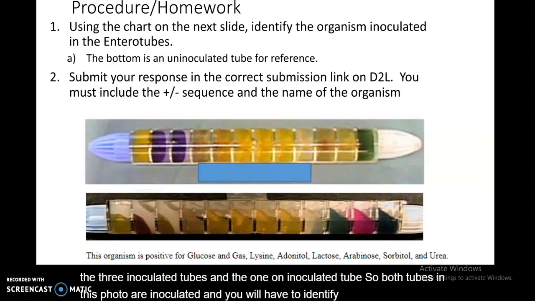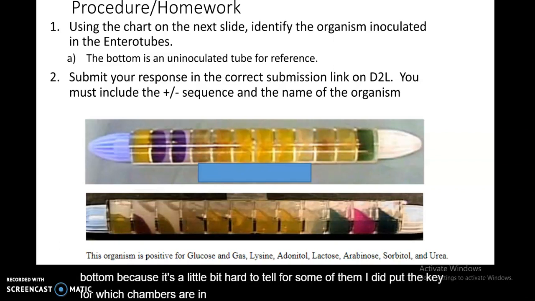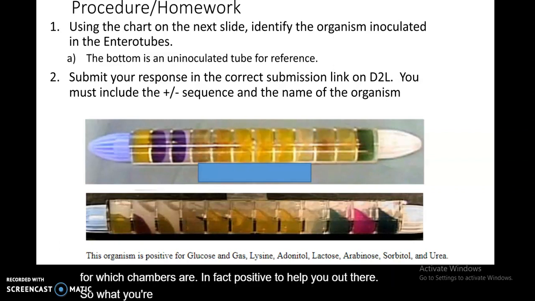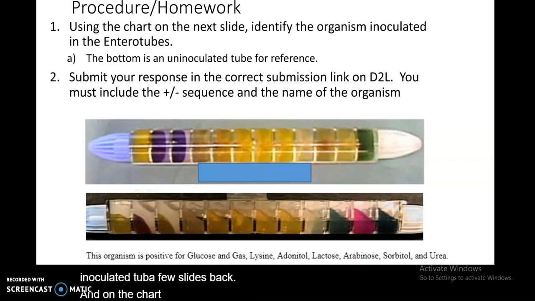Okay. Because it's a little bit hard to tell for some of them, I did put the key at the bottom for which chambers are in fact positive to help you out there. So what you're going to do, again, compare these 2 tubes to the uninoculated tube a few slides back and on the chart on the next slide.